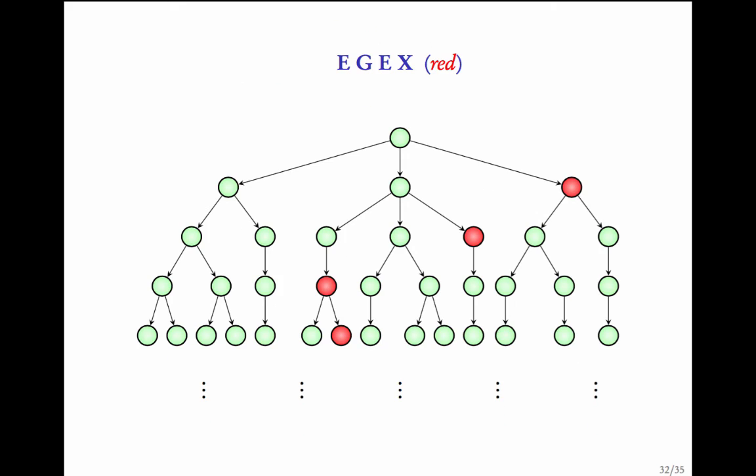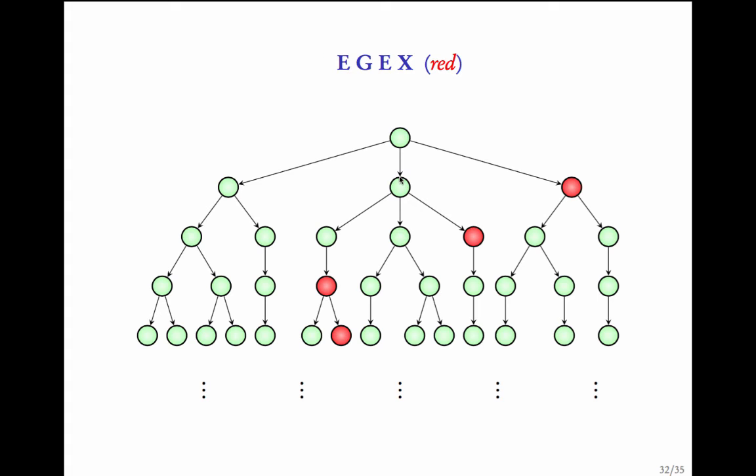Now, EGEX, look at this path. In this state, EX red is true because there exists a path out of this state, which is this one, that satisfies X red, right? From this state, EX red is true.